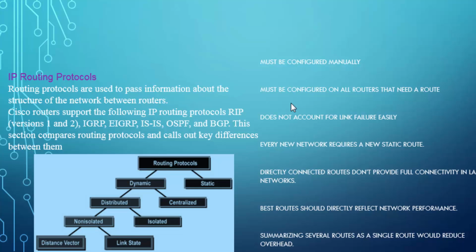So when we're talking about routing protocols, what are the issues that we're going to find? Routing protocols need to be configured manually. That means, for example, a Cisco router is very different than the one that you can buy.